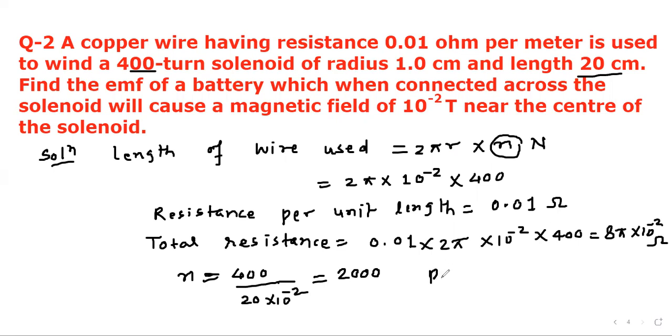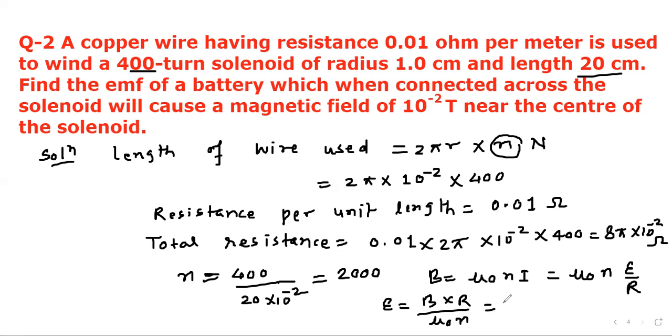Now we apply the formula B equal to mu naught n I. So we put the values. I equals E upon R. We have to find E, so E equals B multiplied by R divided by mu naught times small n.